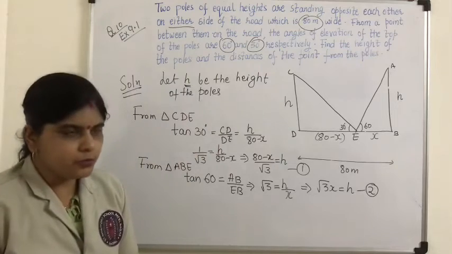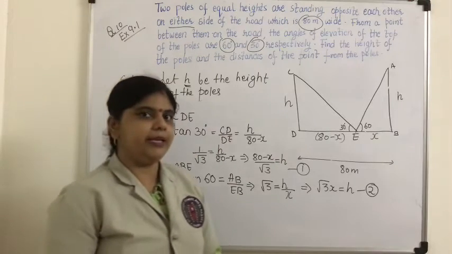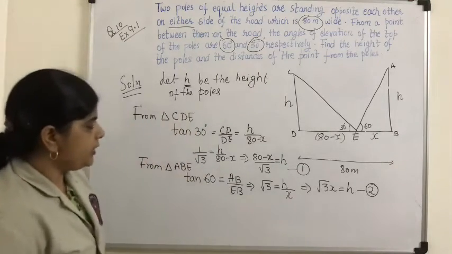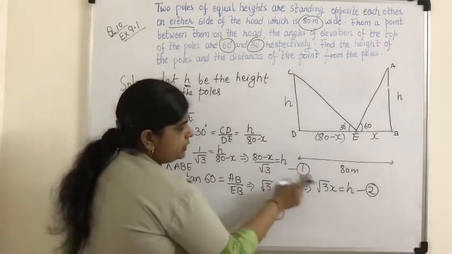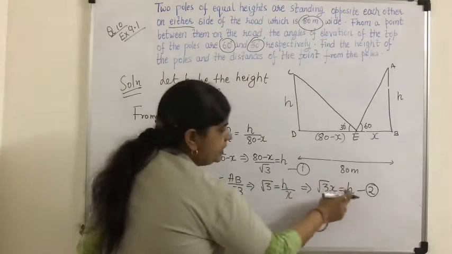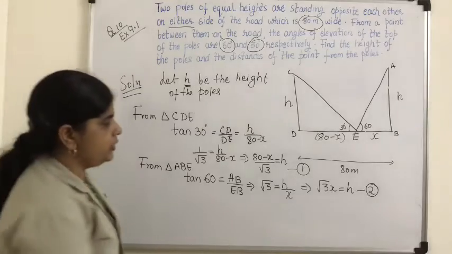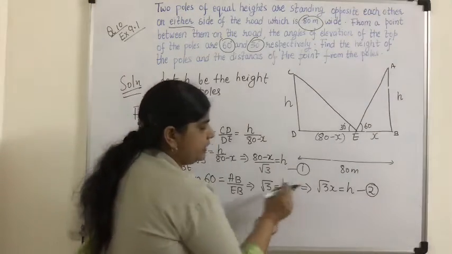Now I have to use these equations to solve for h and x. So what I can do is, you can see in both these equations, your right hand side is h. So I can equate the left hand sides also.